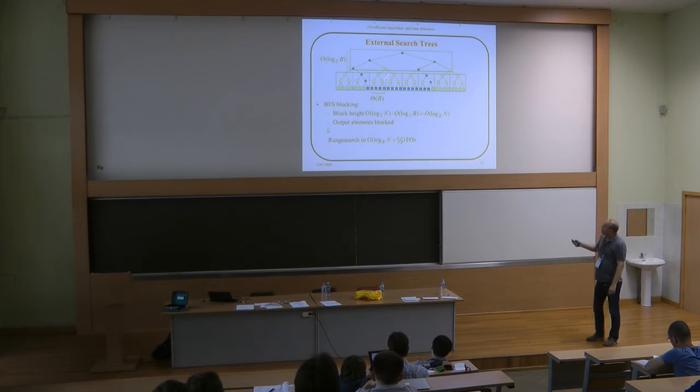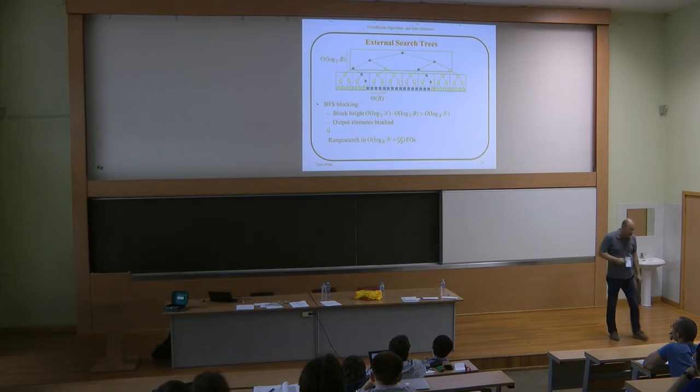I'm going to start up here, take the root, its two children, their children, and so on, until I've collected B nodes. I'm going to put them in one block. That small tree is going to be of height log base 2 of B, with B nodes in it, and then I'm going to continue doing this recursively, and I'm also going to stick B elements in each leaf.